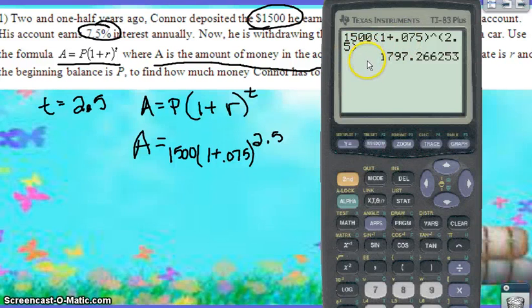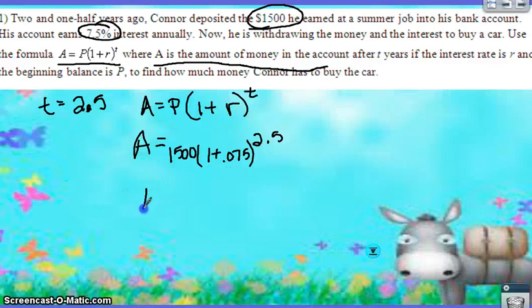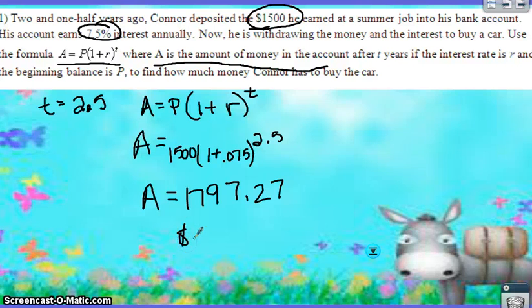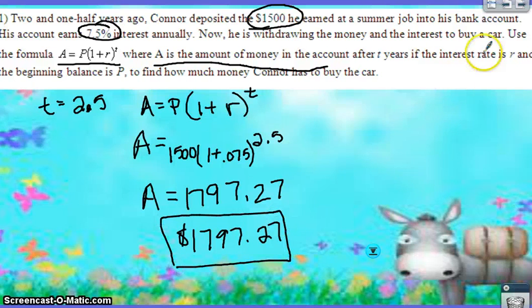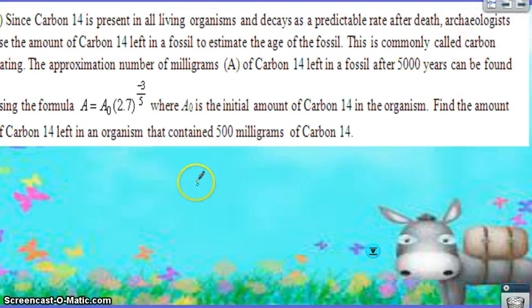Sometimes you might want to do these in stages and just leave the answer in there and keep going with that answer. But all these questions, every single word problem, is plug the numbers into the equation and solve. That's it. There's nothing else to these word problems. So our answer would be $1,797.27. So let's take a look at the next one here.